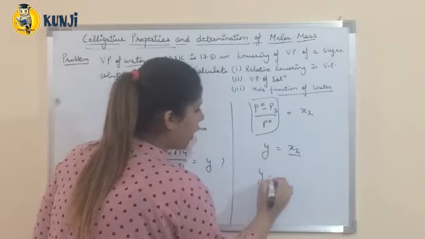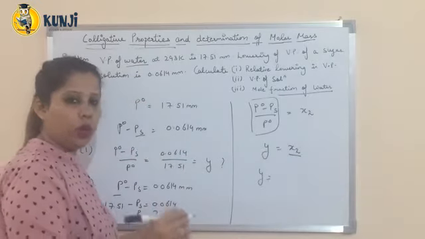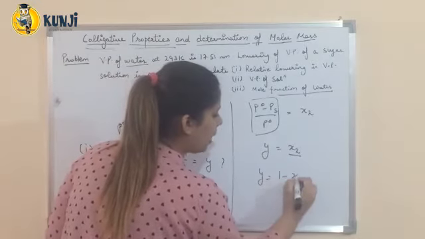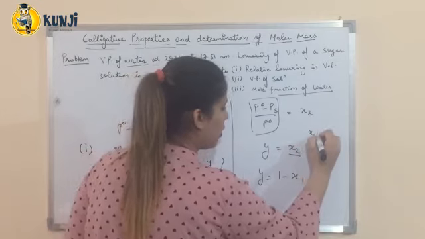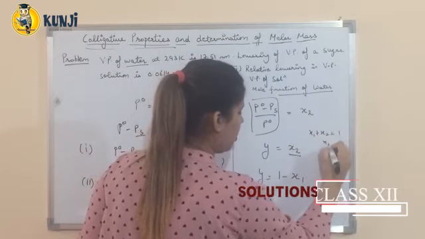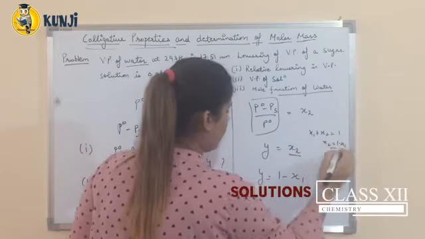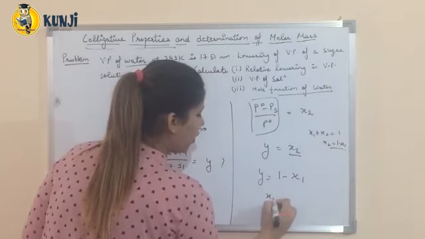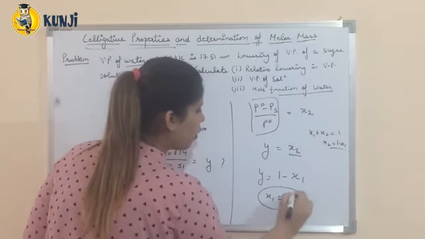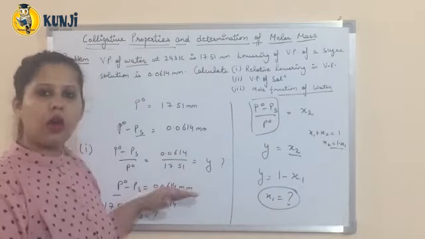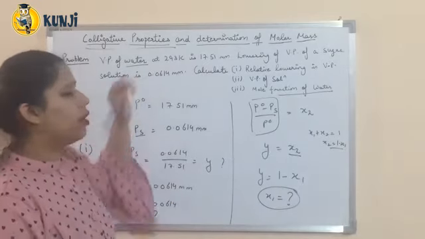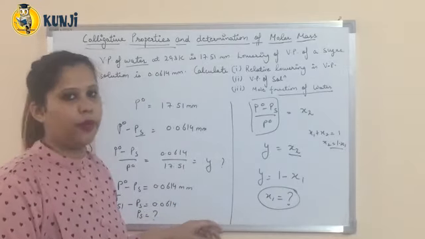Then we know very well that X1 plus X2 is equal to 1. So here we can write X1 is equal to 1 minus X2. From here you will calculate the value of X1. So this is how you solve the numerical for relative lowering in vapor pressure. Thank you.